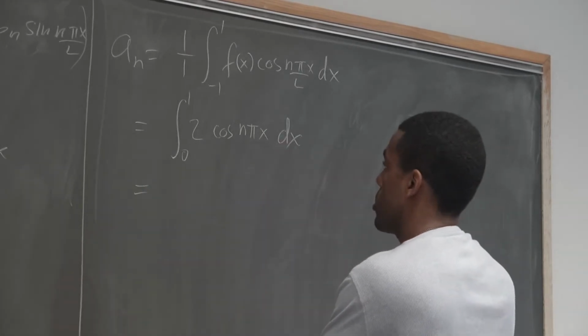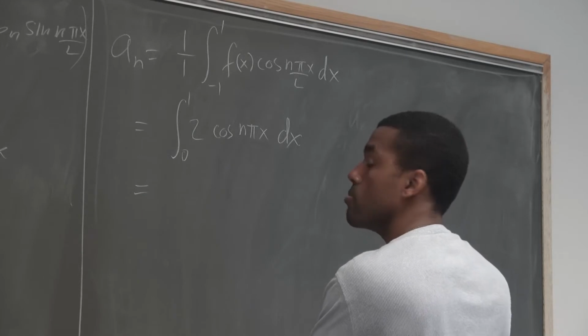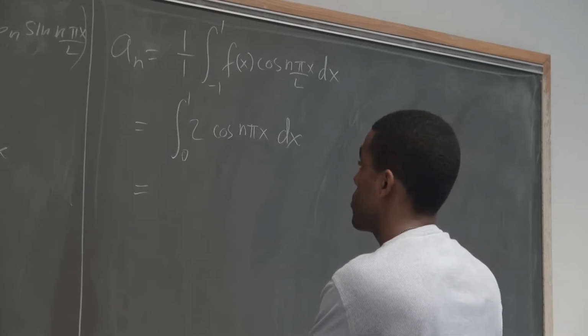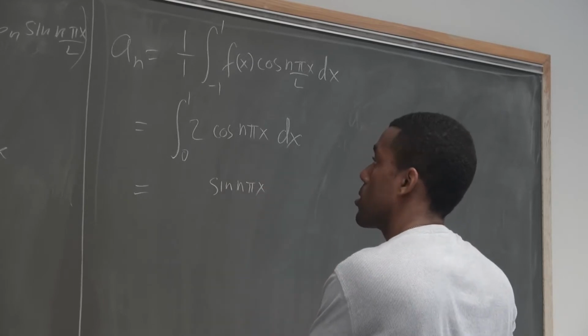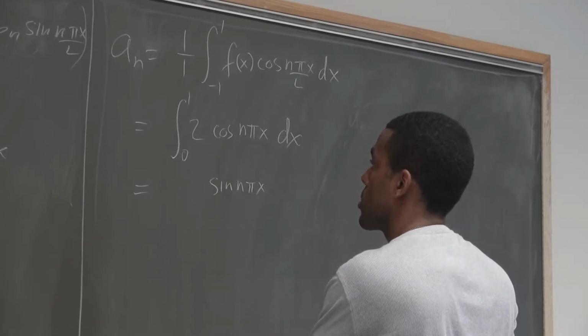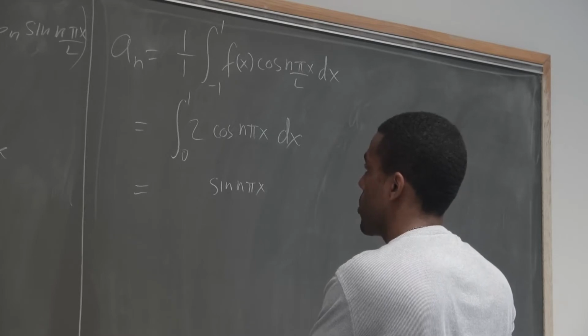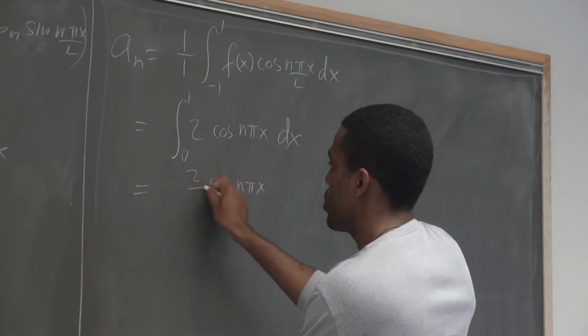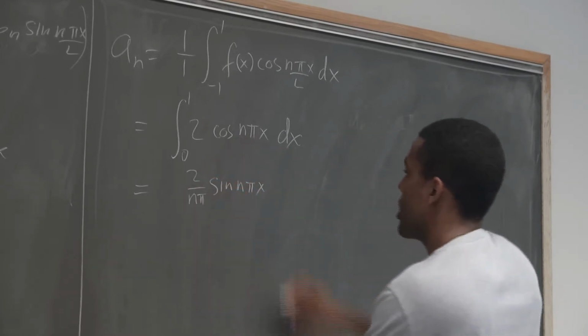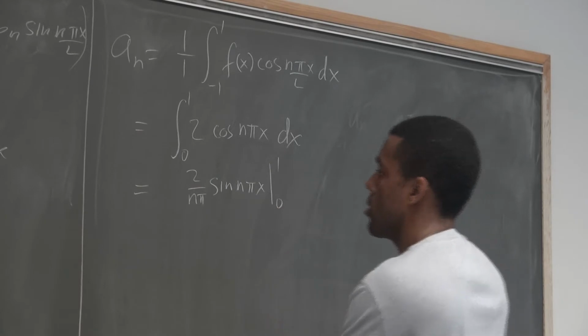So now, what's the integral of cosine n pi x? The antiderivative is 1 over n pi times sine n pi x. N pi is a constant. So this is 2 over n pi times sine n pi x between 0 and 1.